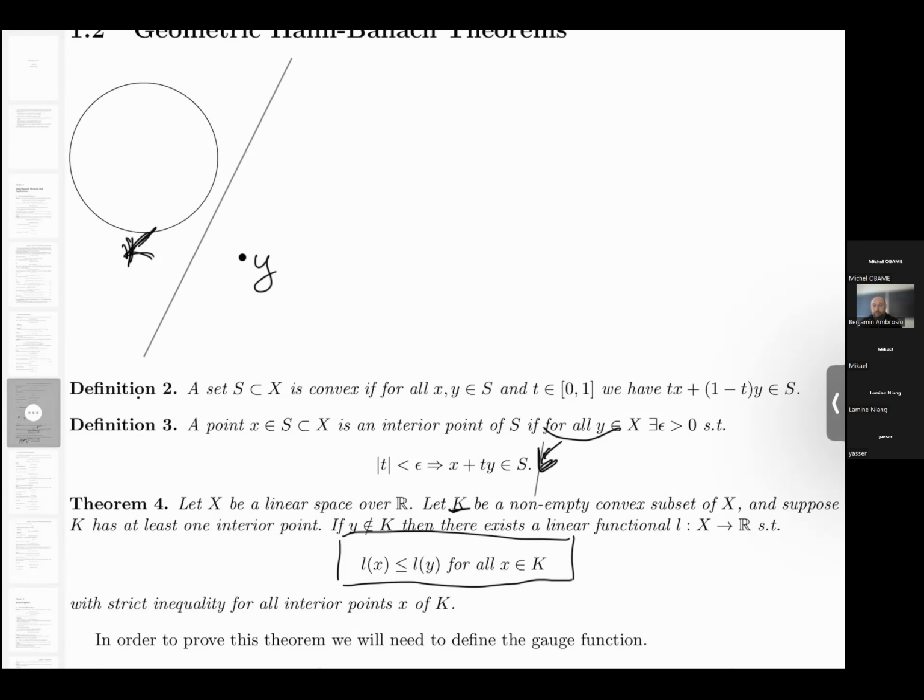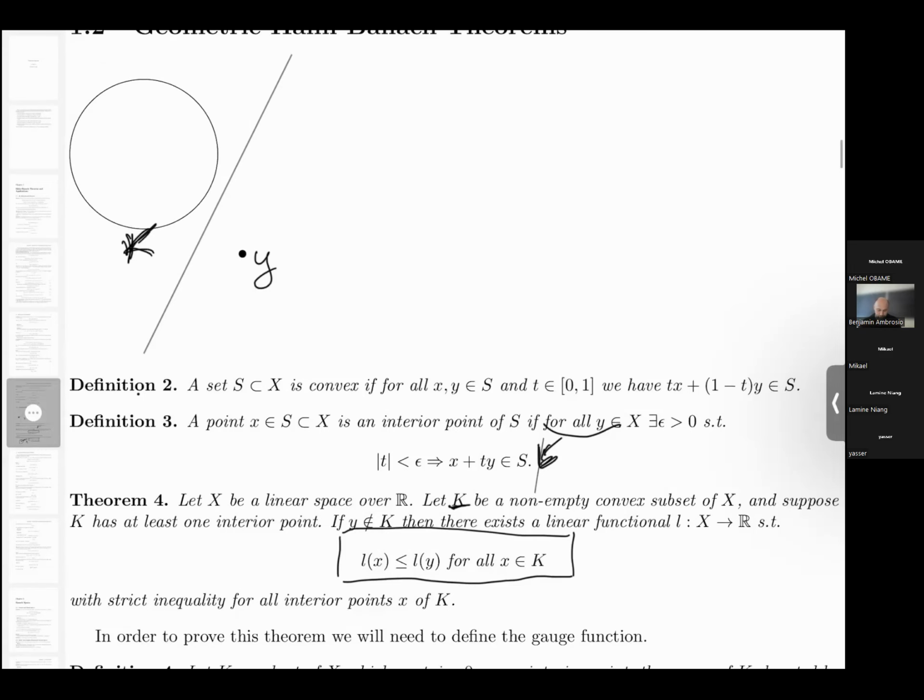Since you have a linear function, and we did the Hahn Banach theorem, it's good to wonder if we can apply the Hahn Banach theorem to prove that. But first, before going into that, we will need to define the gauge function. So what's a gauge function?